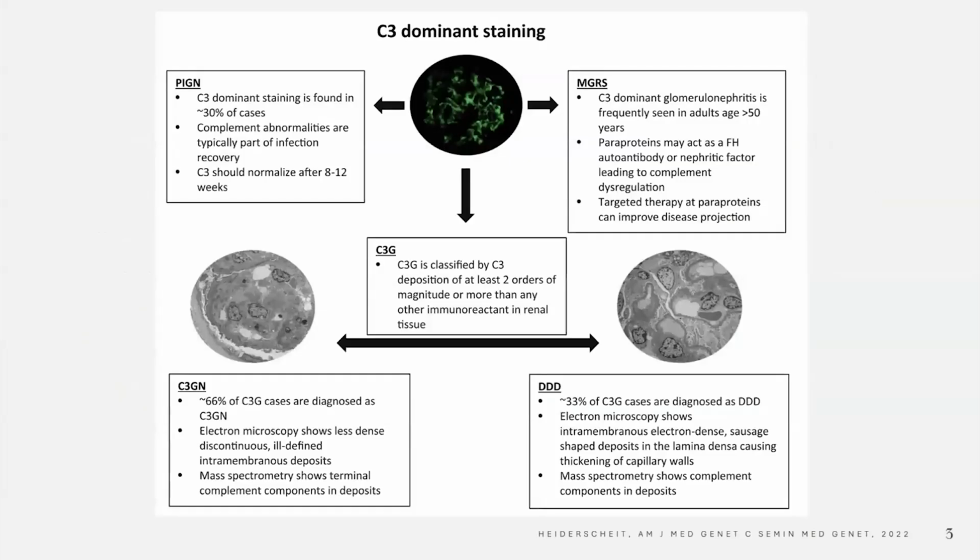C3G is a rare entity that is defined by a proliferative histologic lesion with C3 deposition at least 2 orders of magnitude greater than any other immune reactant on immunofluorescence. C3G includes C3GN and DDD, which are differentiated by electron microscopy manifestation.